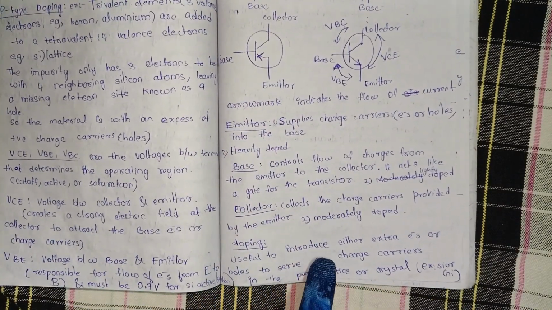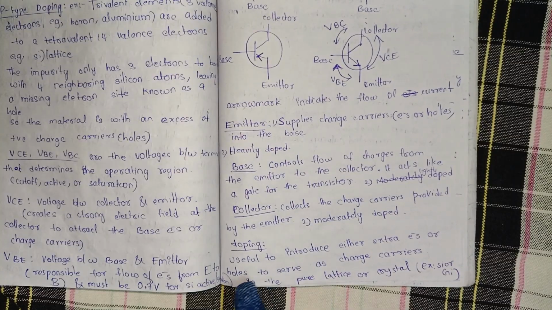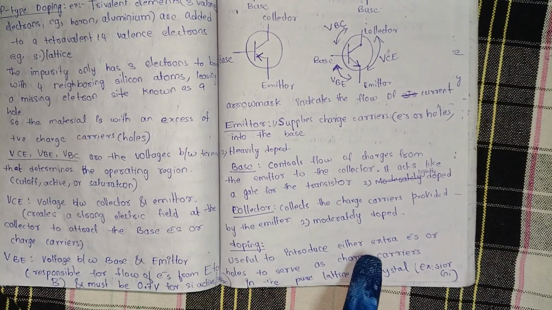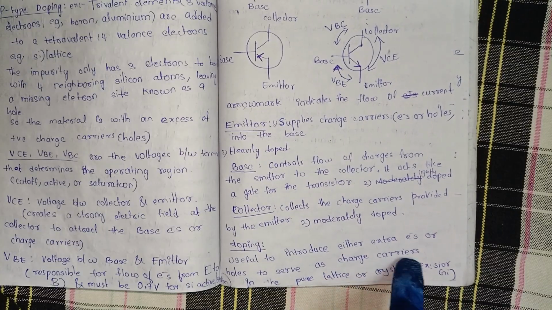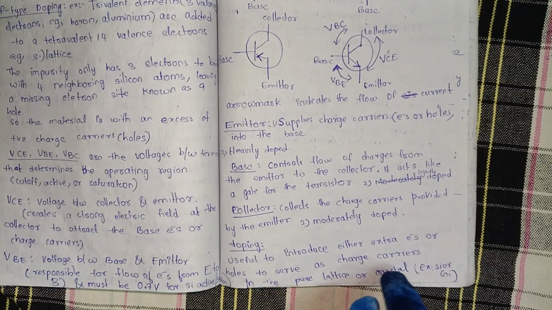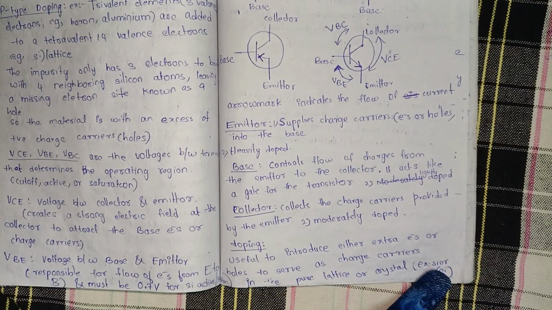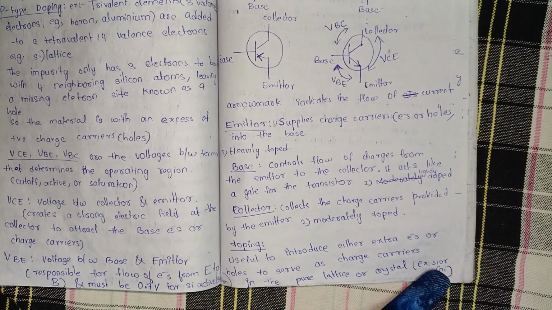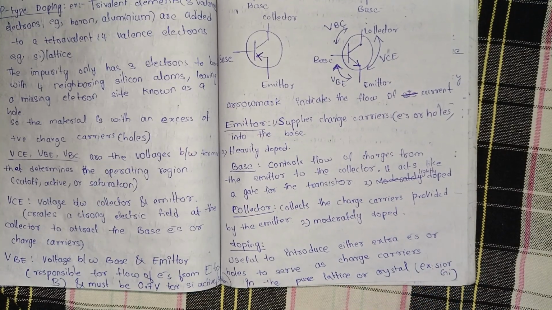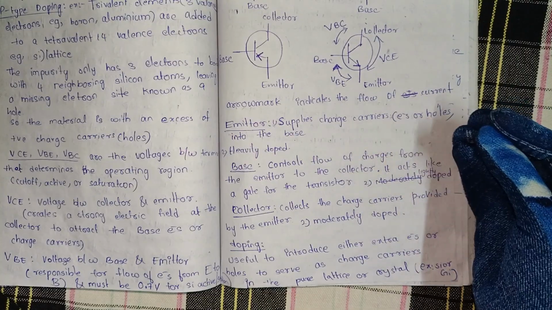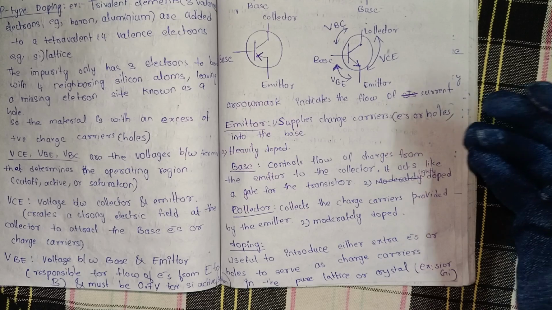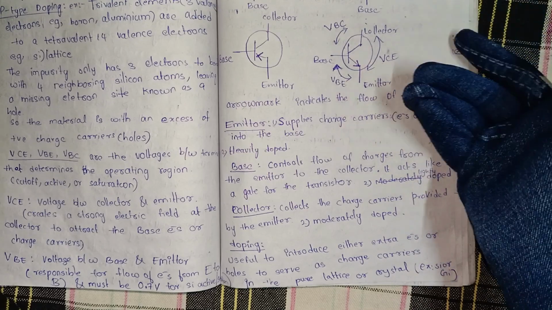The doping is useful to introduce either extra electrons or holes to serve as charge carriers in the pure lattice or crystal, that is silicon or germanium. So doping is used to introduce or add extra electrons to the n-type material.